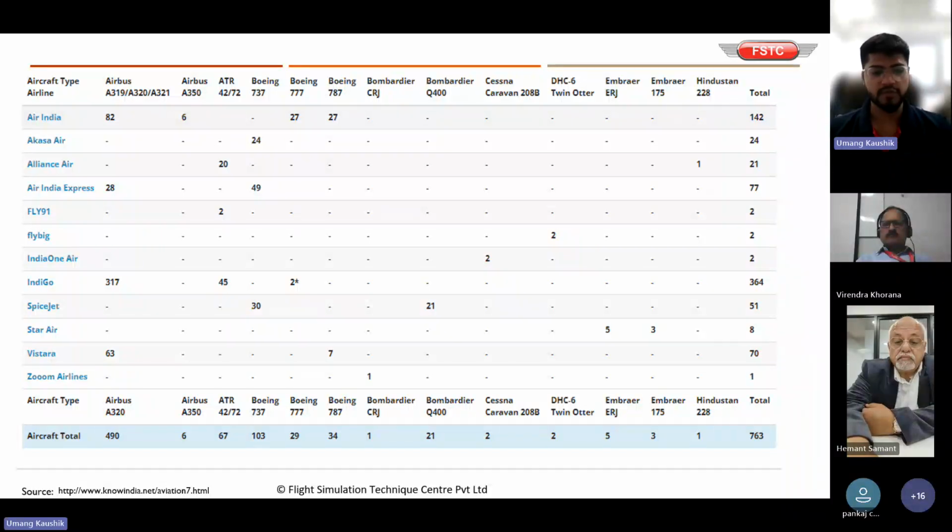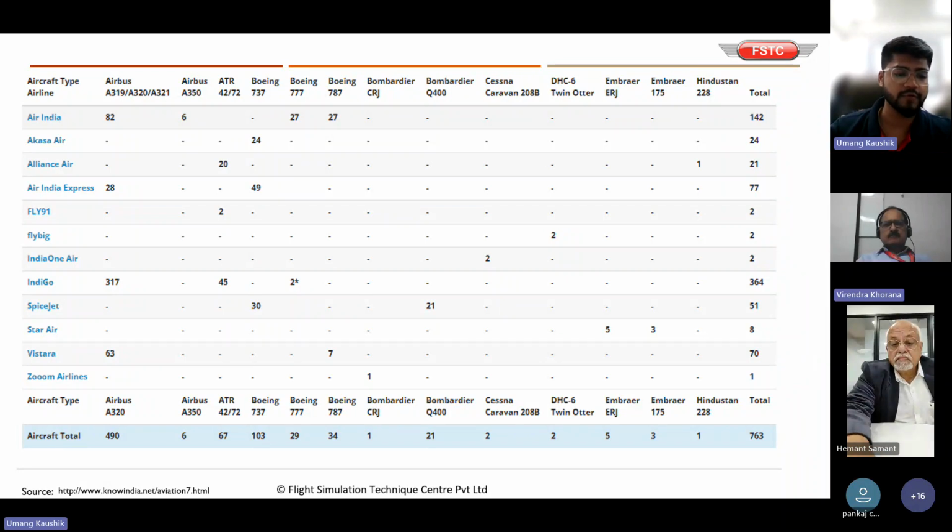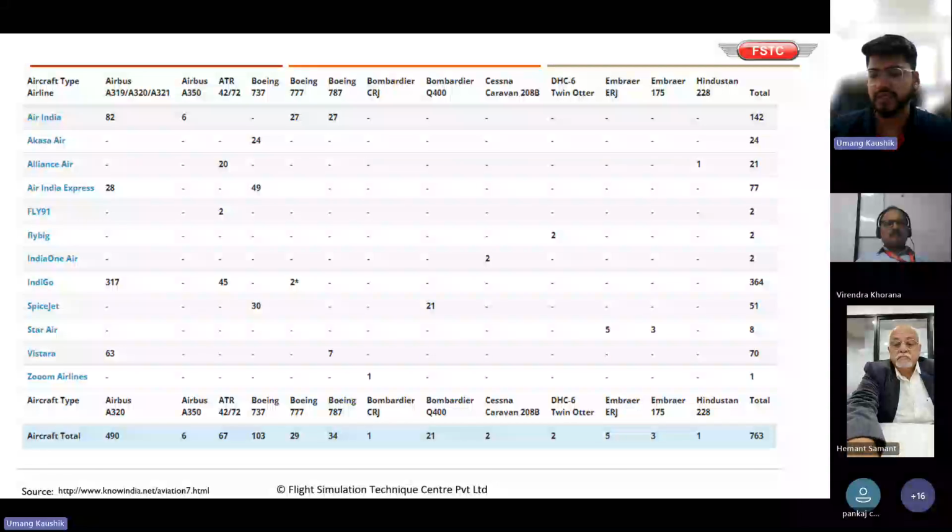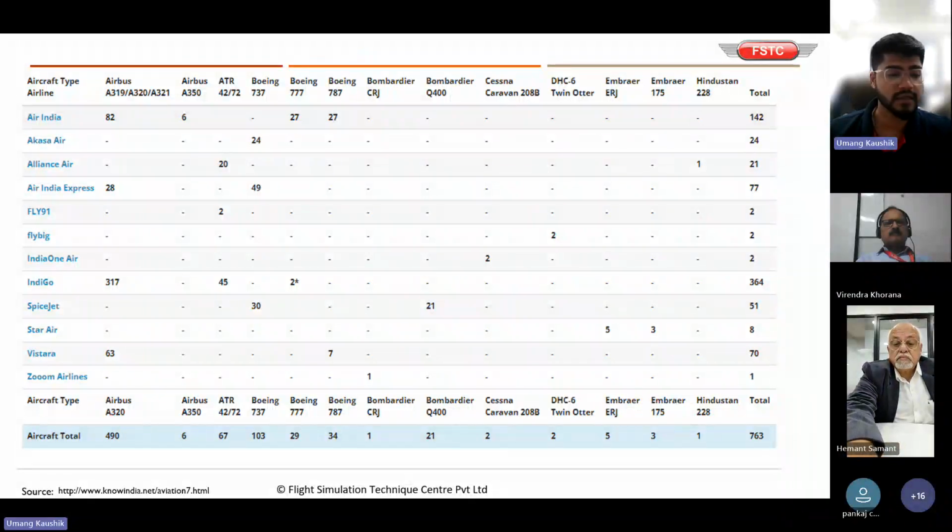So guys, as you can see, in aircraft types, currently 490 Airbus A320s are flying in the Indian skies. And then moving forward, there are 6 A350s, ATR, Boeing 737, 777, and so on.